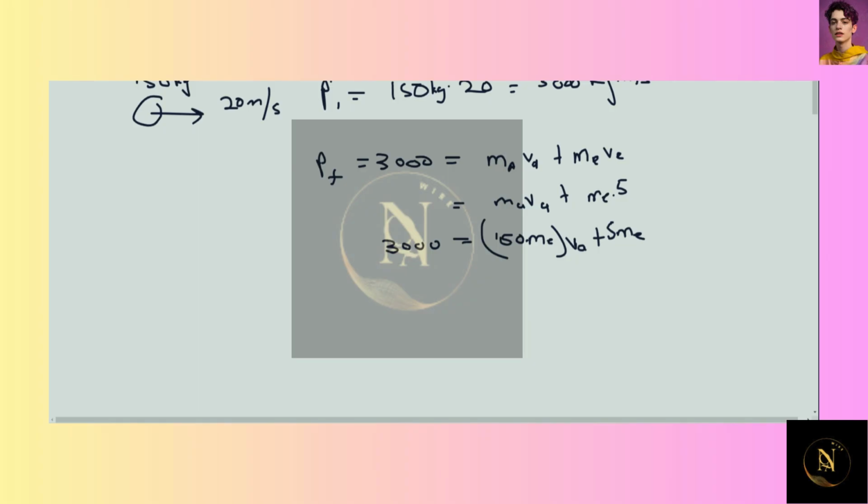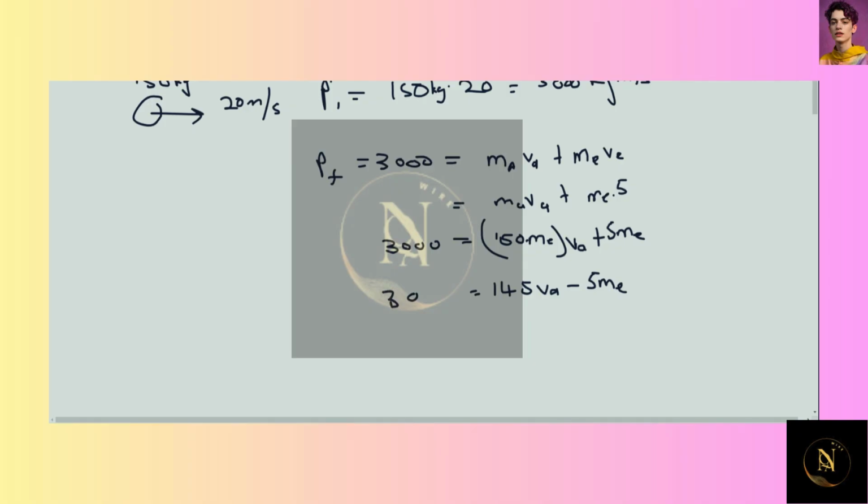Notice that if this astronaut loses about 5 kilograms worth of equipment, this would be 145 times the velocity of the astronaut plus 5 times the equipment's velocity. But for him to go back the opposite way, this equipment needs to be going in the other direction, so it should actually be negative.